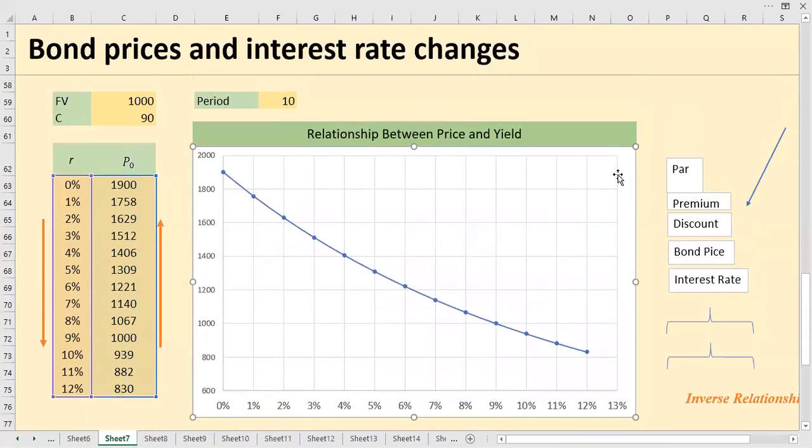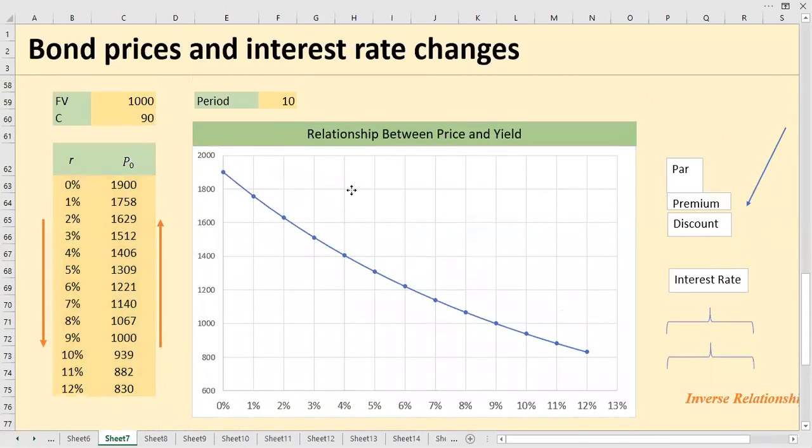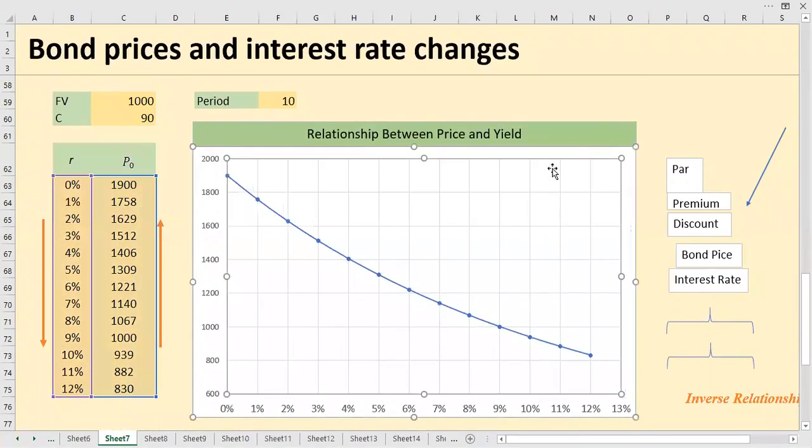Now here we have bond price representing the x-axis, right?